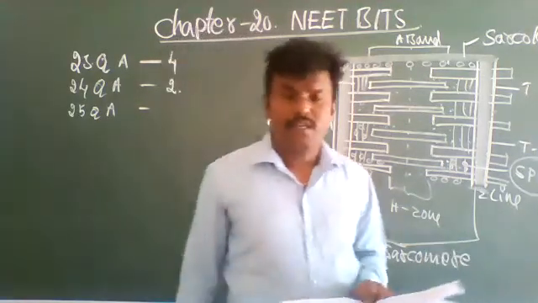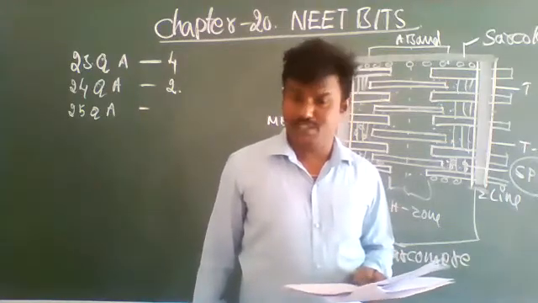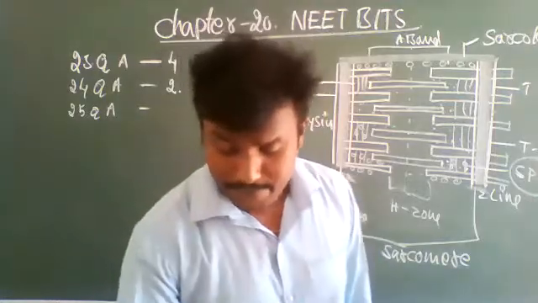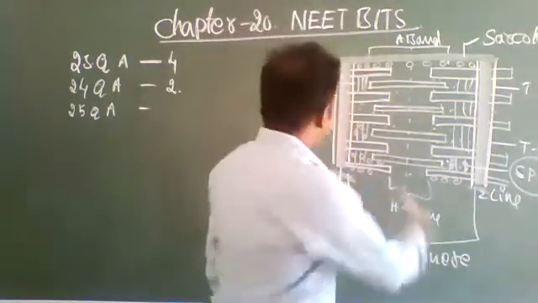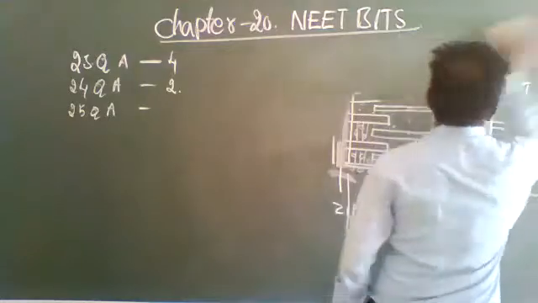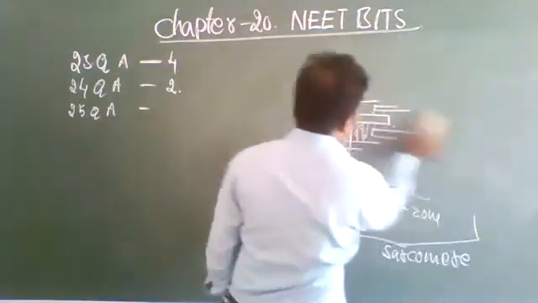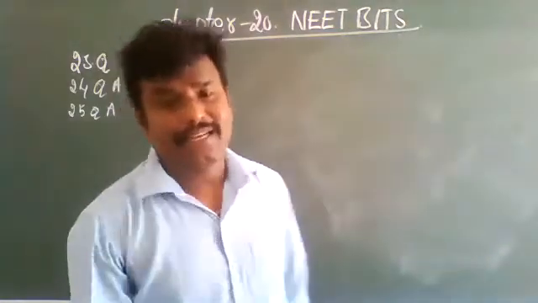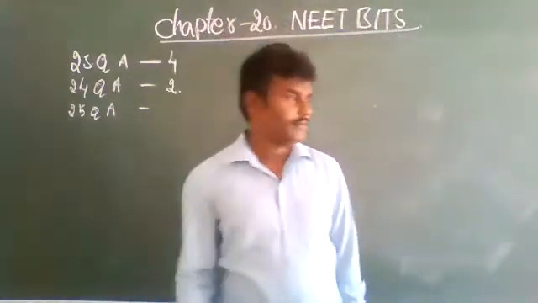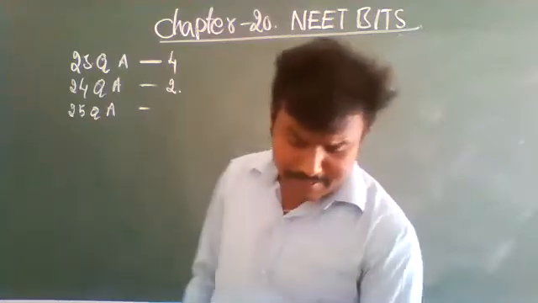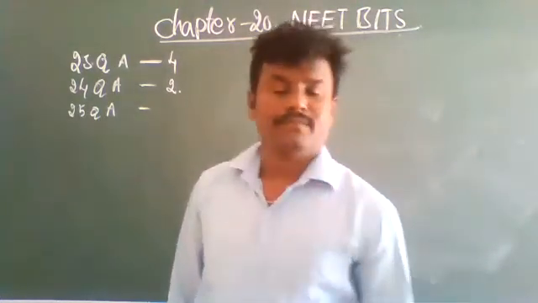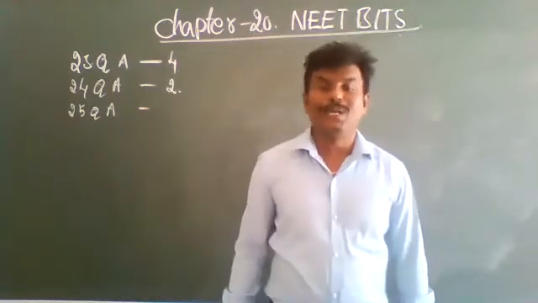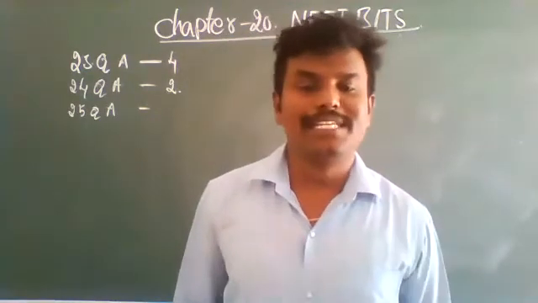So with this, sections A and B are finished. Now section C bits. These bits are related to previous years' exams, such as AIPMT and NEET. Earlier AIPMT, the All India Pre-Medical Test, has now been revised into NEET, the National Eligibility cum Entrance Test.